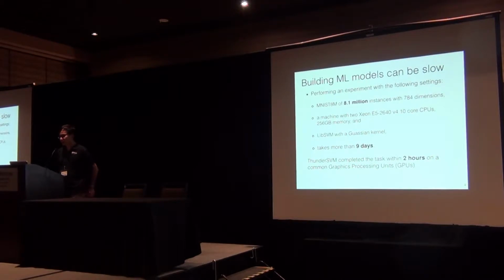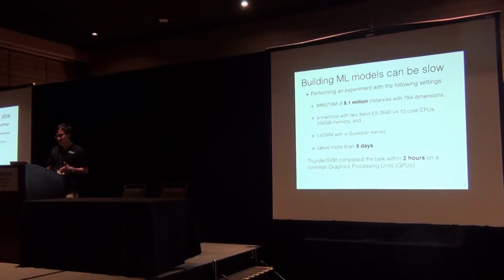So more concretely, I ran an experiment in the following settings. The data set has about 8 million training instances, and each instance has about 800 dimensions. This experiment was run on a relatively high-end workstation. The tool is called libSVM.